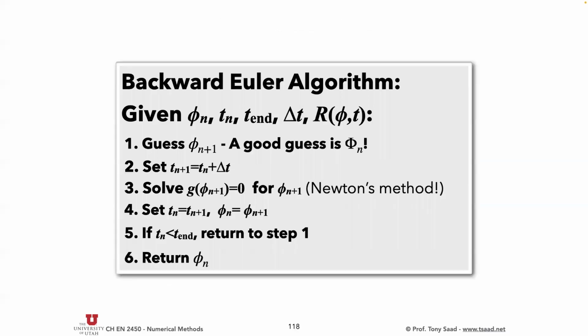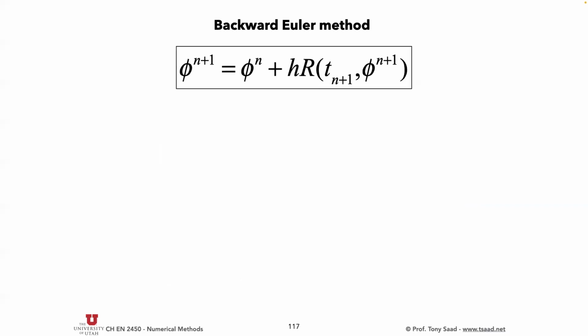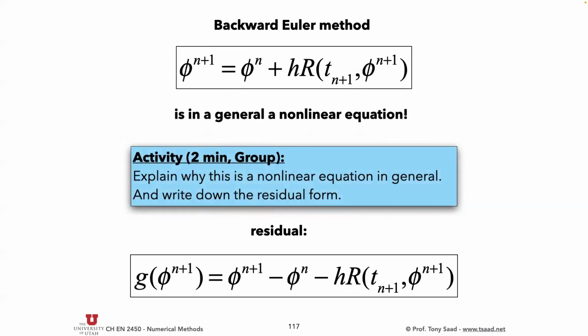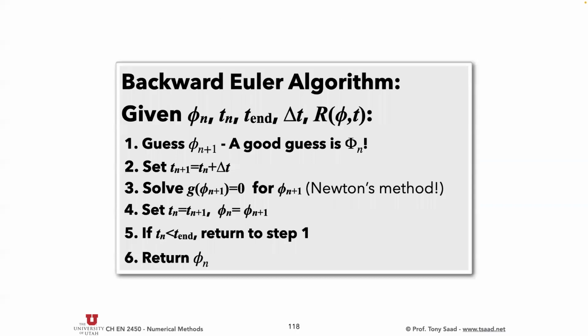Okay, so every time step you're doing is a nonlinear equation, and that is the price you pay for implicit methods. So an algorithm for the backward Euler, and I have that implemented in your notebook. We're not going to spend time on that, but I'll give you one example in the next slide.